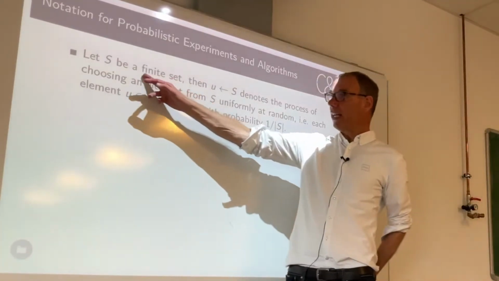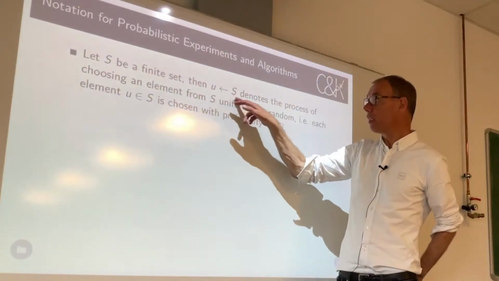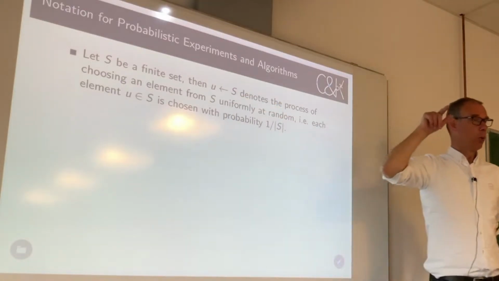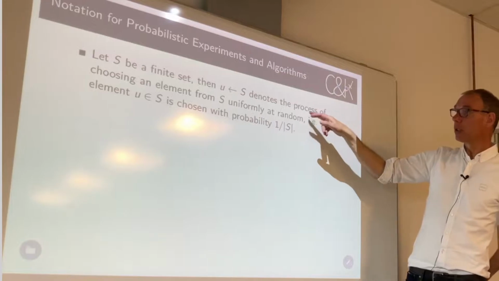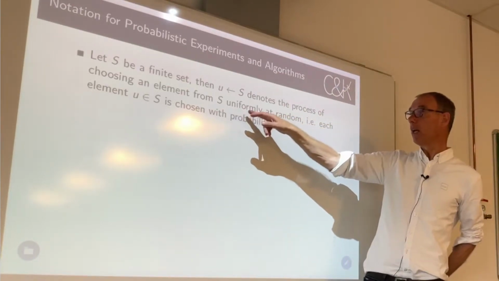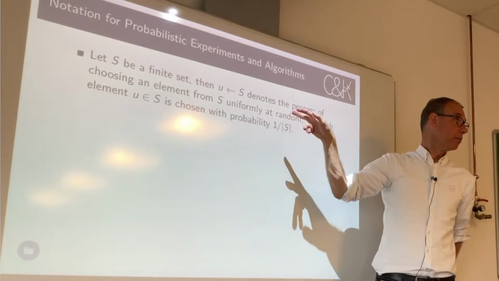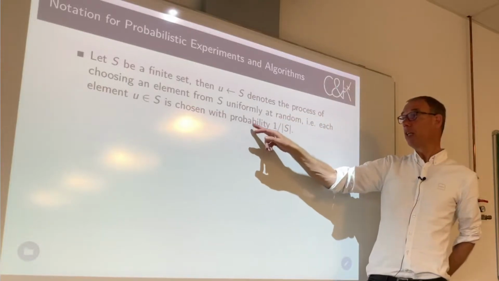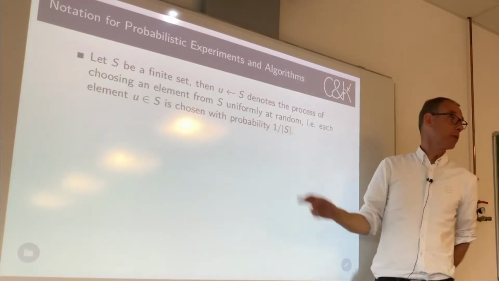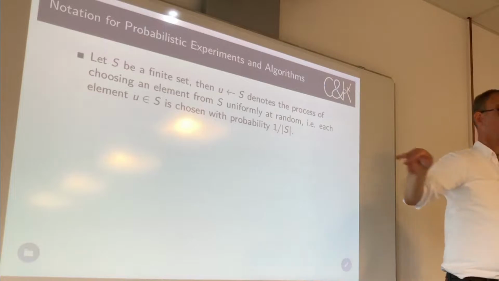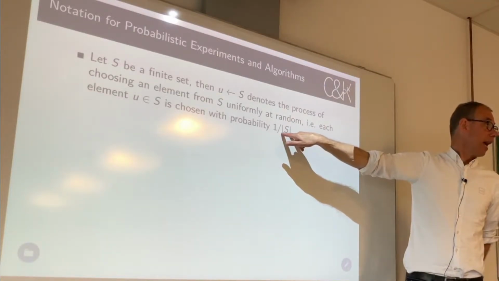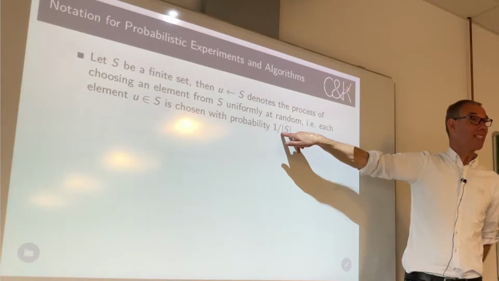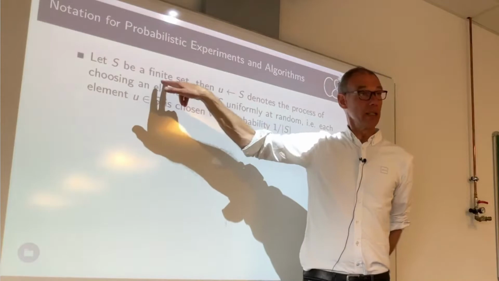If I have a finite set S, then by this notation, U left arrow S, I denote the process of choosing an element from S uniformly at random, which means that every element U in S is chosen with probability 1 over the size of S. If I have a set, using the absolute value notation, I denote the size of S, the number of elements, which makes sense since it's finite.